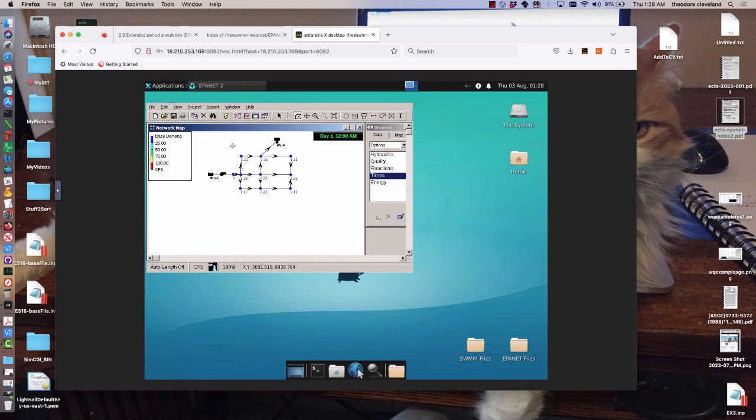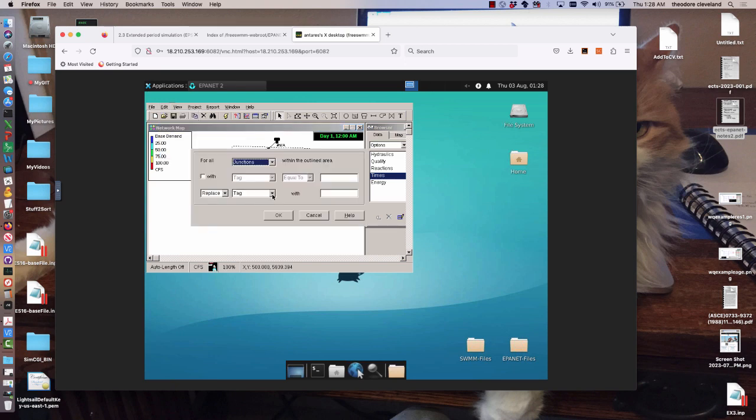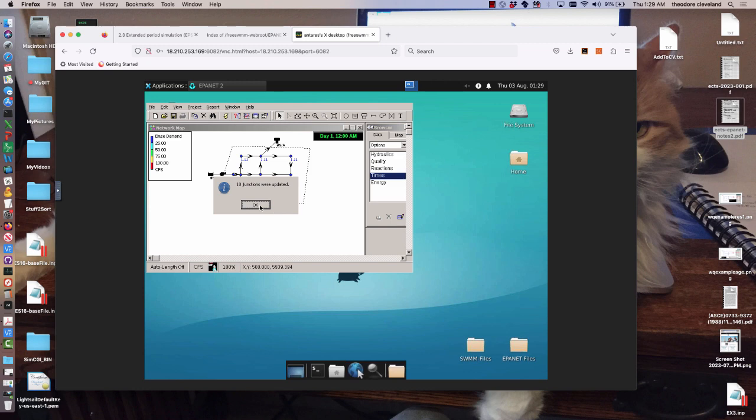The easiest way to do that is group editing. Demand pattern on junctions, I'll put a 1 there. That should go to my pattern model. Press the okay button.